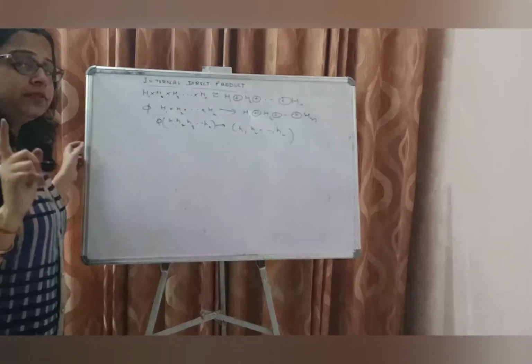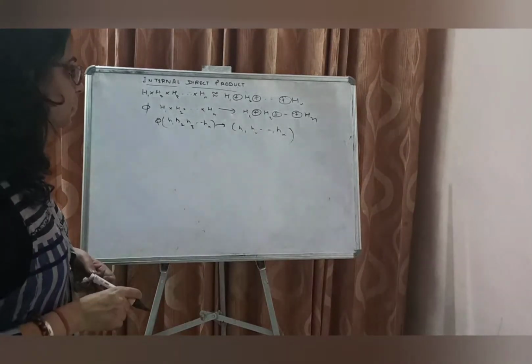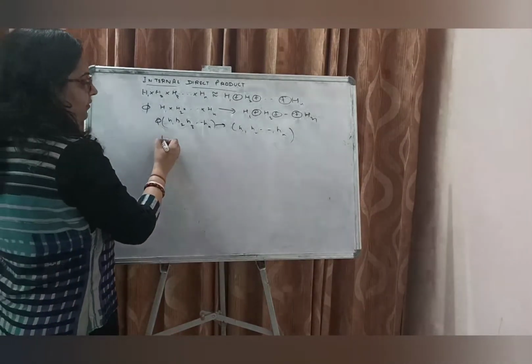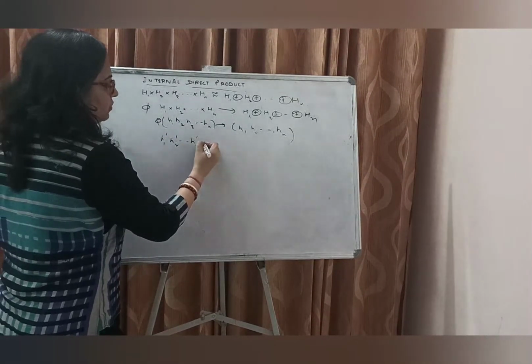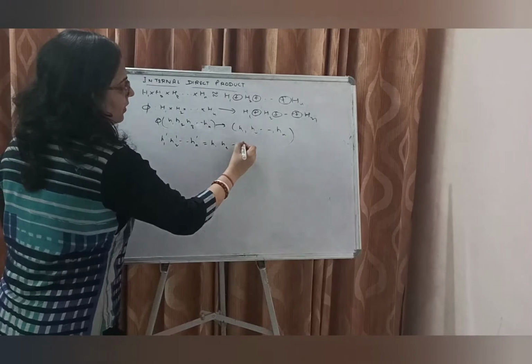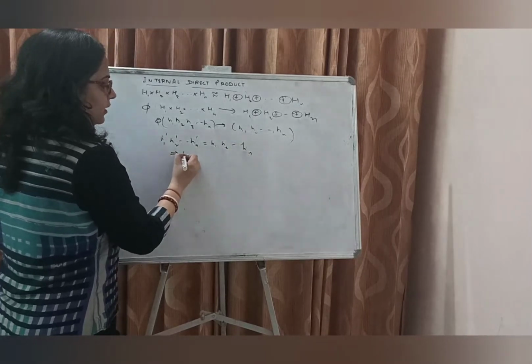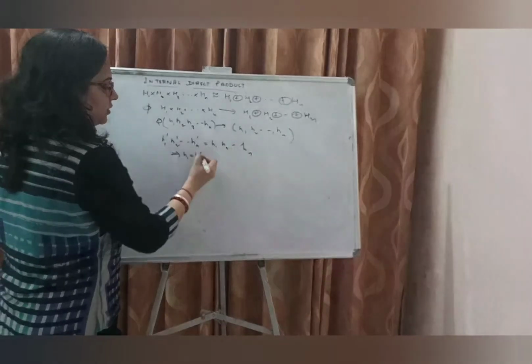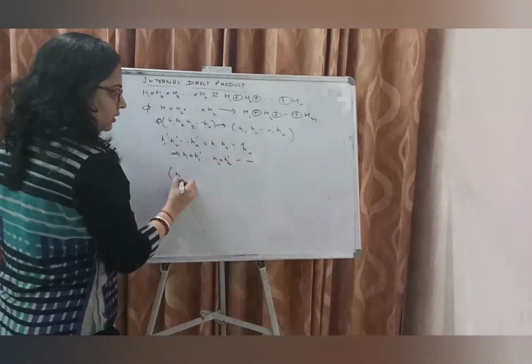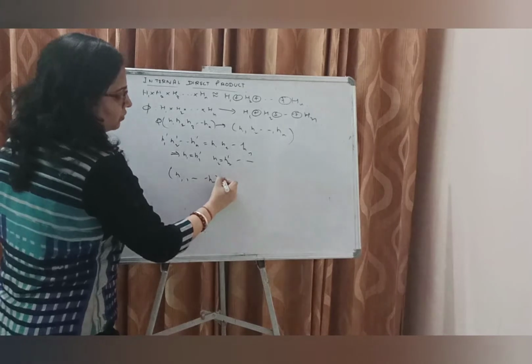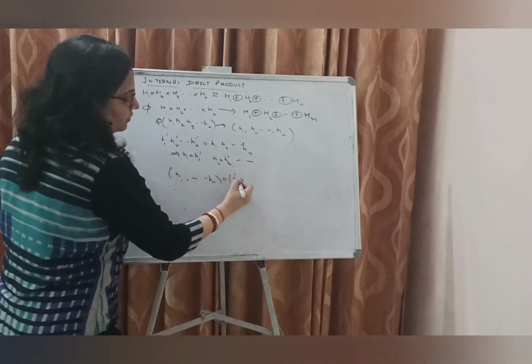Now why did we prove uniqueness? Because to prove that if H1 dash, H2 dash, so on up to Hn dash is equal to H1, H2, so on up to Hn, this will imply H1 is equal to H1 dash, H2 is equal to H2 dash.